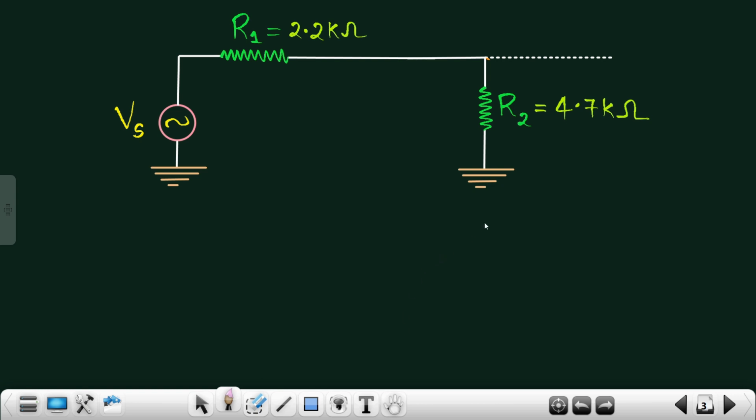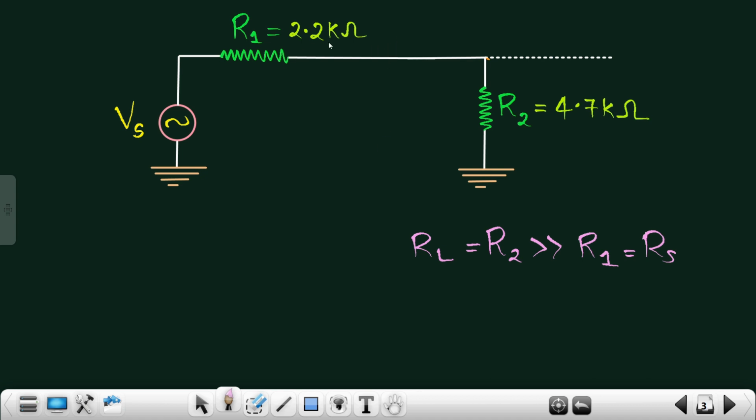That means this R2 should be much greater than R1, because R1 is the source resistance, whereas R2 is your load impedance or load resistor. So you try to keep R2 much greater than your source resistance, and that's what I had done over here.